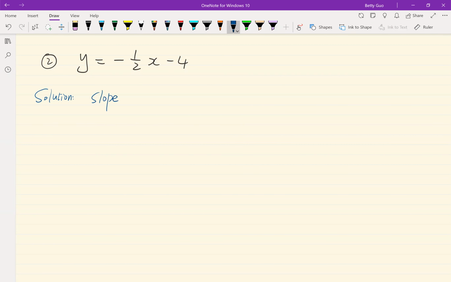Yeah, -1/2. What's the y-intercept? 0, -4. Yeah, take your time. Use the slope and the y-intercept to graph the line. Are you expecting a line horizontal or vertical or go up or go down? What kind of line you are expecting? Down, yeah, because the slope is negative, right? Okay, take your time.